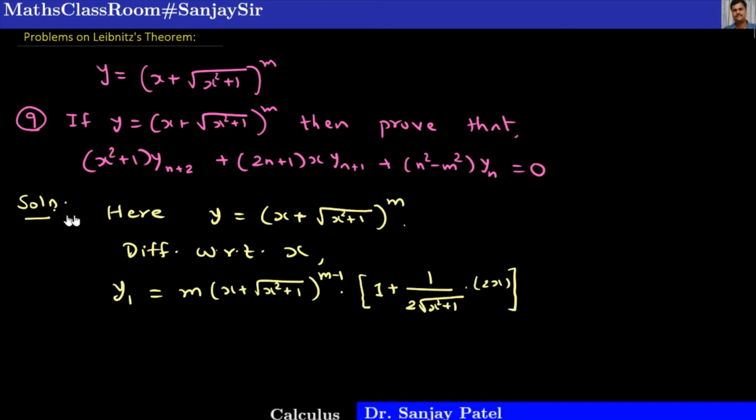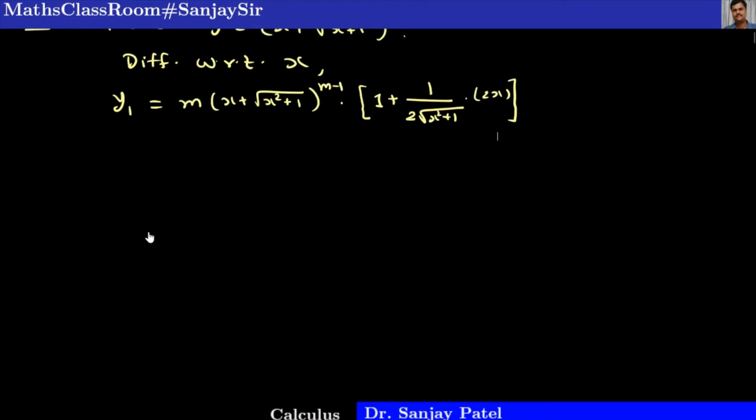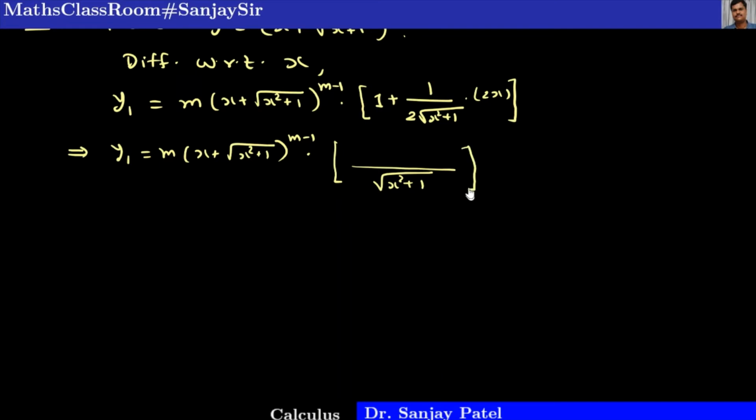Let us simplify this. So we'll get y1 is equal to m into (x plus square root of x square plus 1) whole raised to m minus 1 into, taking the LCM, square root of x square plus 1 here. Let us cancel these 2 here, and we get 1 into square root of x square plus 1, plus x.